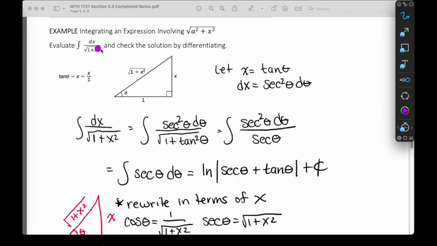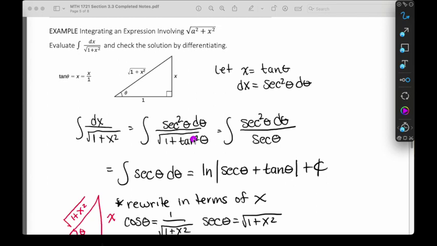And then underneath here, I'm left with 1 plus x squared, and we're substituting tangent in for x. So this becomes the square root of 1 plus tangent squared down below. And again, we're going to use one of our Pythagorean identities to make the substitution. 1 plus tangent squared is equal to secant squared.